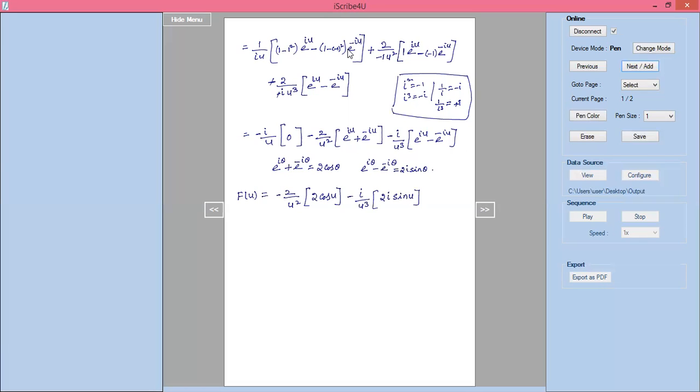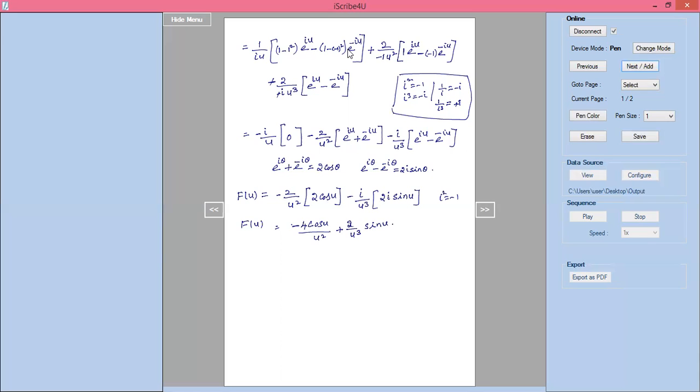If you write like this, you will get f of u equal to minus 4 cos u divided by u square. Next, i into i, what is that? i square value should be minus 1, plus 2 by u cube into sin u.